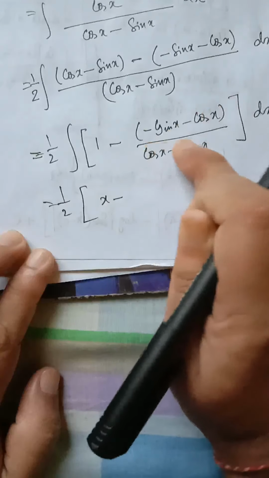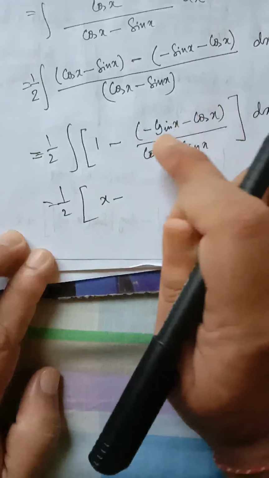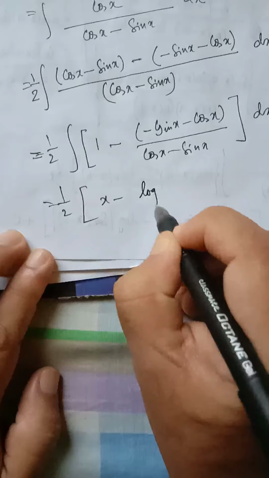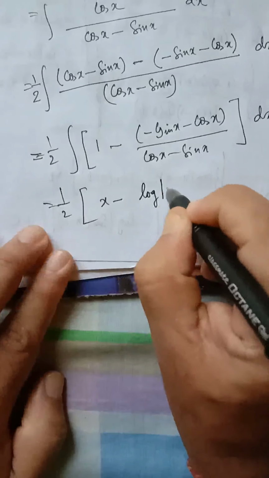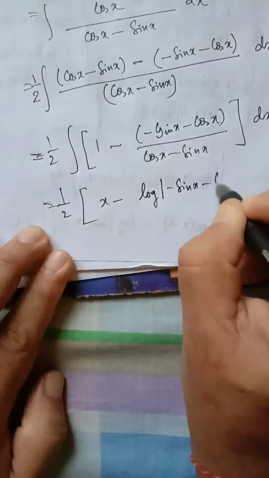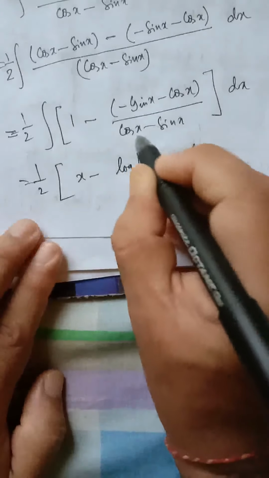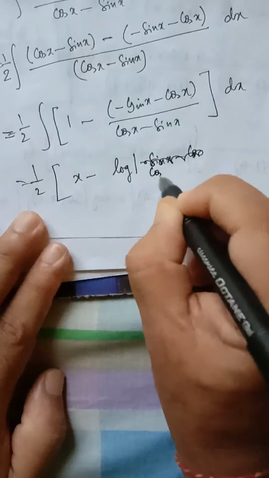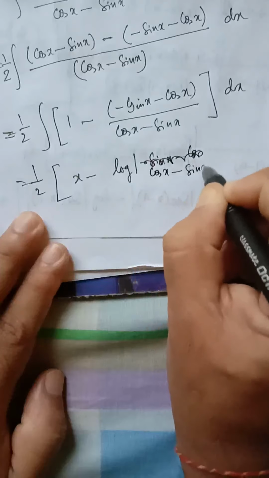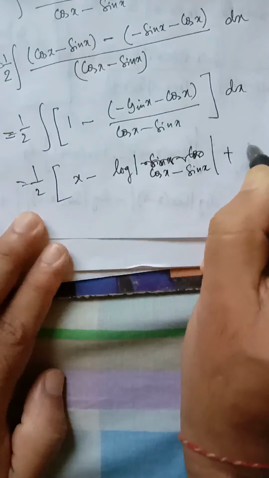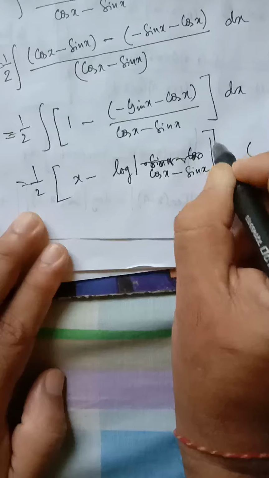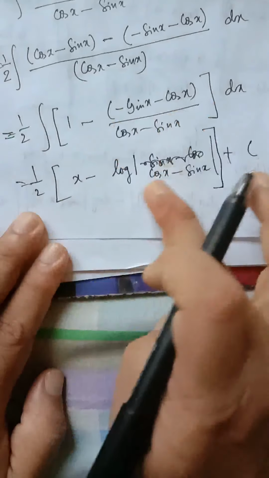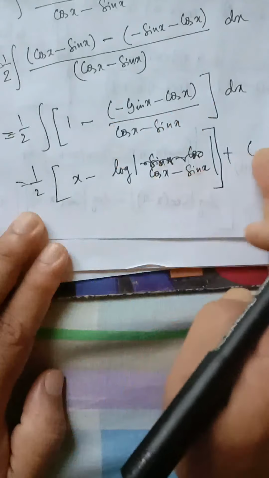So derivative of denominator is now in numerator. So it will be log of fx, log of cos x minus sin x. So this is the answer, x minus log of cos x minus sin x plus c.